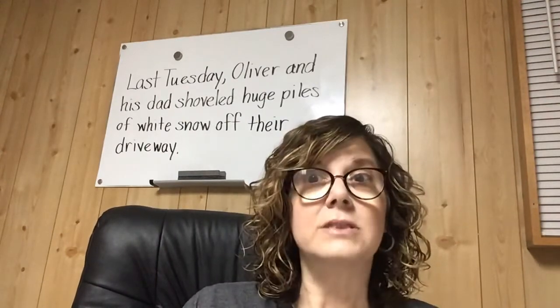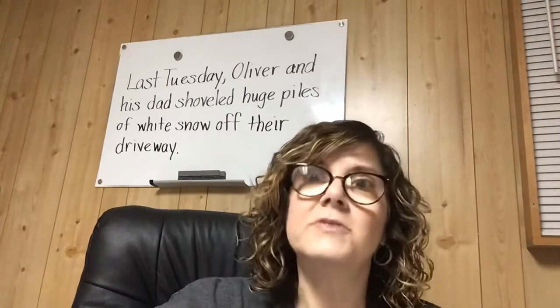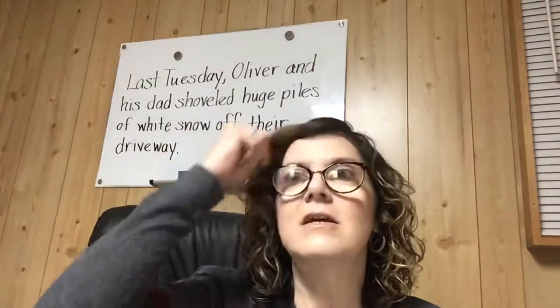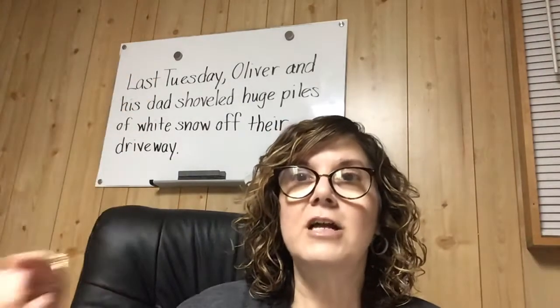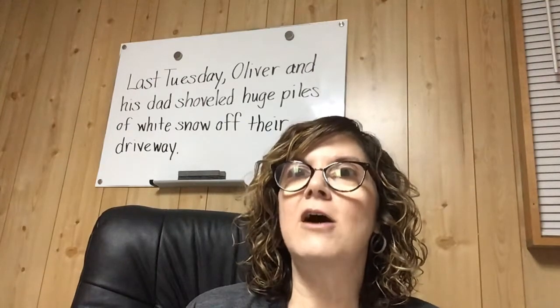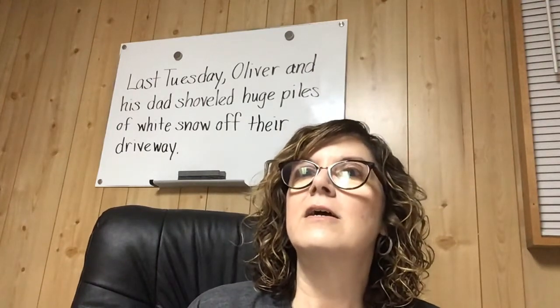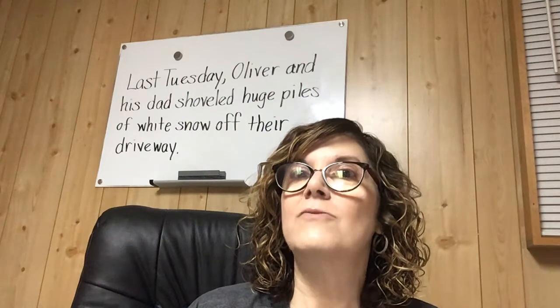What about piles? Okay, piles of laundry, piles of snow, piles of wood. Okay, so that's a noun. That's a particular thing, right? Snow. Yes, very good. Snow can be a verb, but when you're talking about the actual snow, that's a noun, right? Huge piles of snow, okay? And one more.